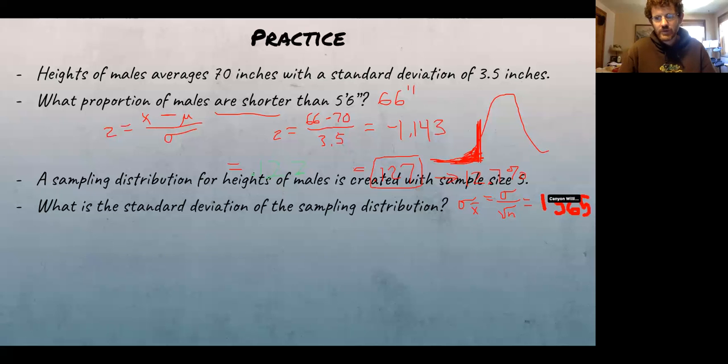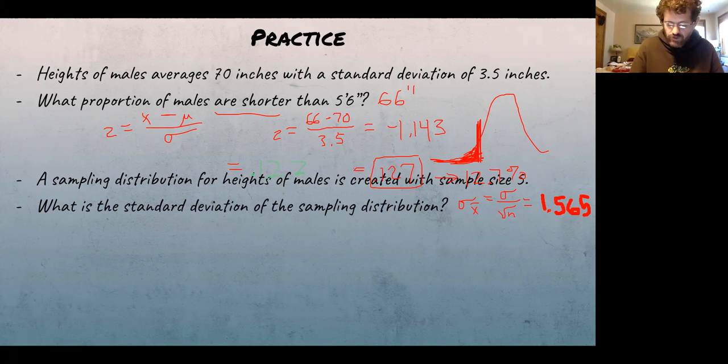There it is. And I'll add that decimal. Okay, actually. Good. All right. 1.565. And when we compare this to the original, it's smaller. Of course, it's going to get smaller. It's divided by the square root of the sample size, so it's going to get smaller. But just to show this, I can't emphasize this enough.